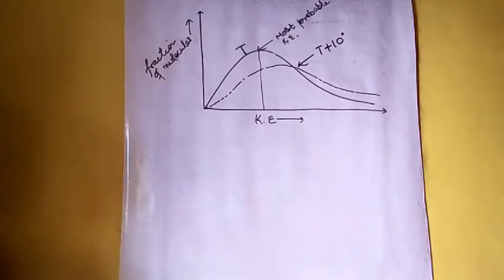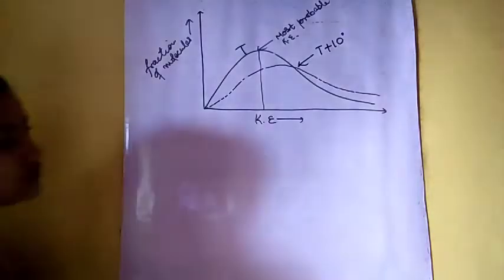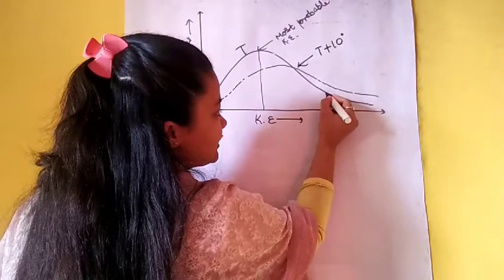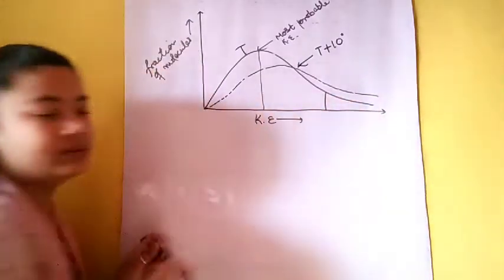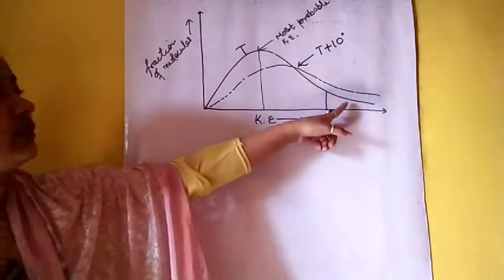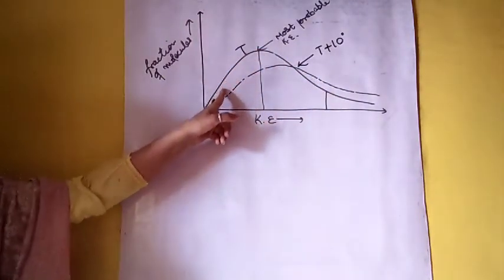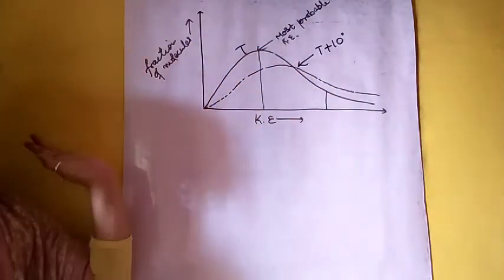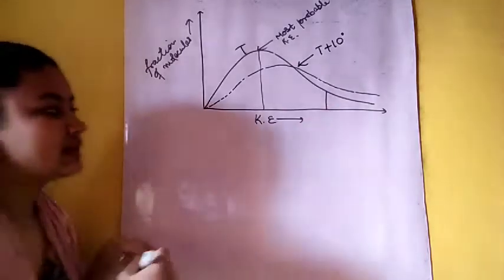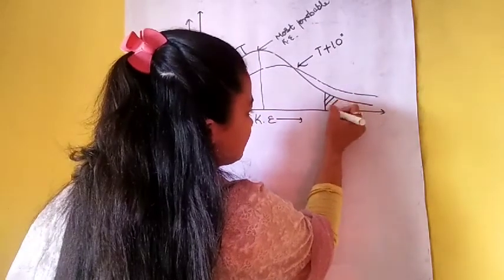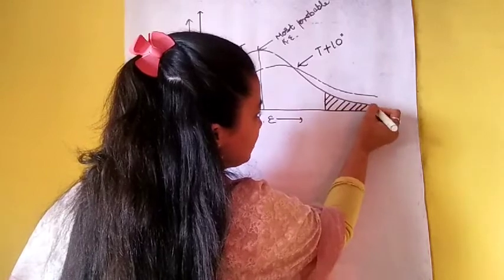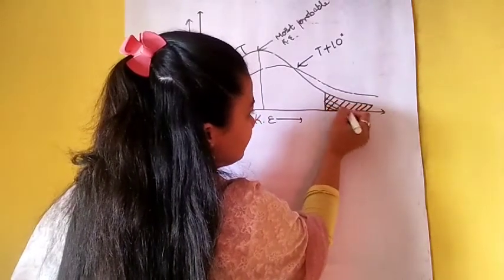Now if we observe where the molecules are reacting, when the molecules have higher kinetic energy, then they will react. So suppose we take this point, right? This is the point of the first graph, that is at temperature T. So initially this many molecules are reacting effectively.